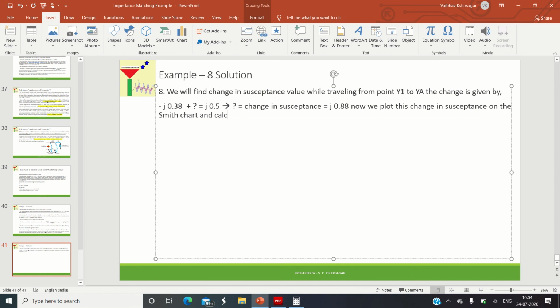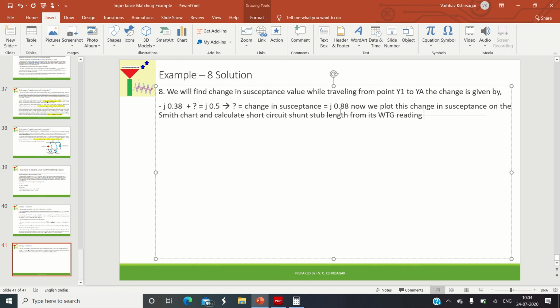and calculate the short circuit shunt stub length from its WTG readings, right? So you plot this change in susceptance.